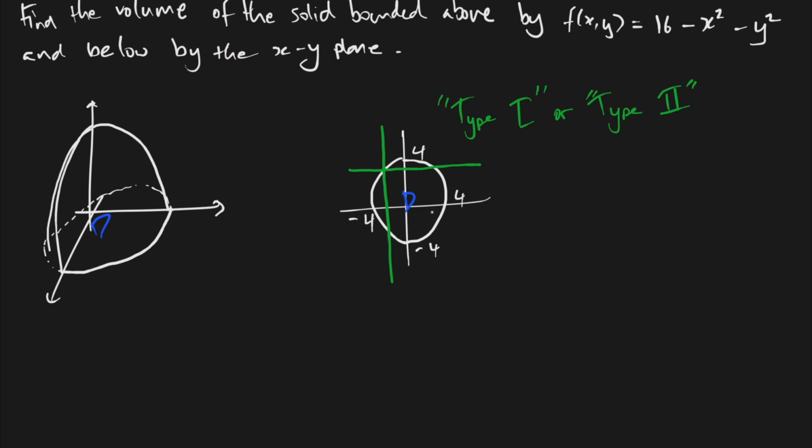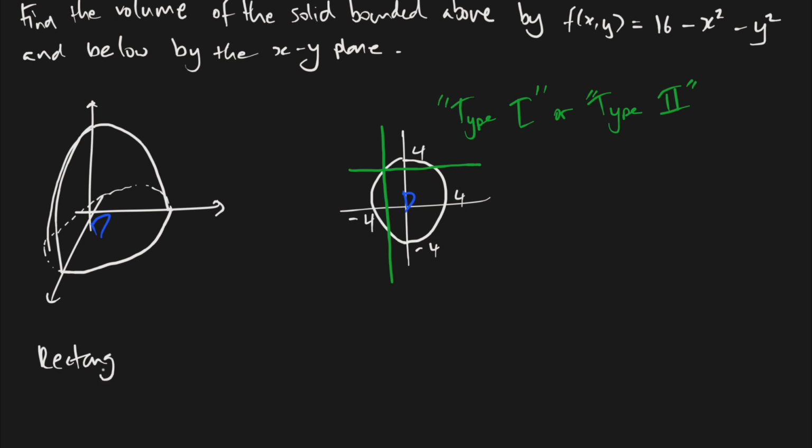And as I said, it's type 1 or type 2, which means we can do this using the method we used previously in the last video, just imagining there's a kind of rectangle around it. And that would kind of look like this.